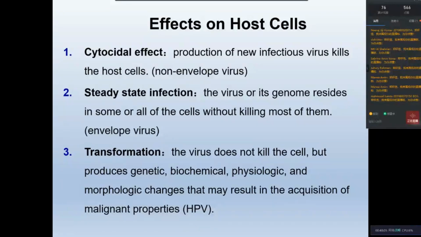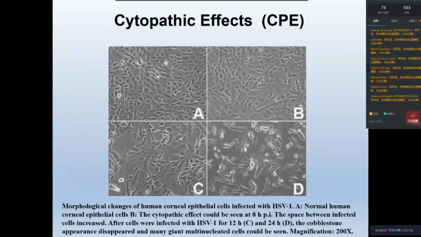Okay, so this is an example of cytopathic effect, short for CPE. And you can see in panel A, that's a normal cell. It looks healthy and can form monolayer.